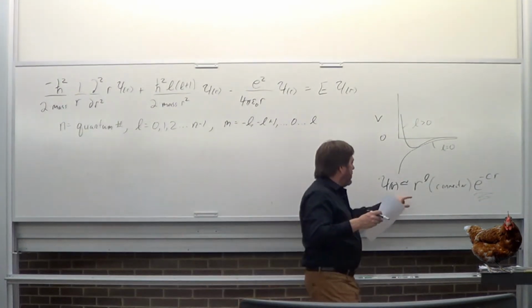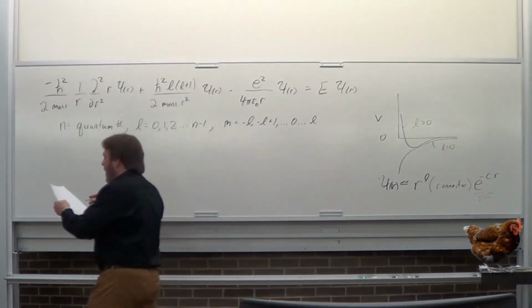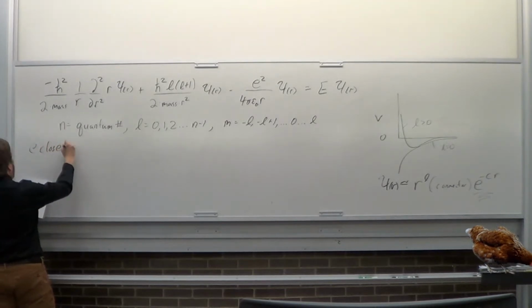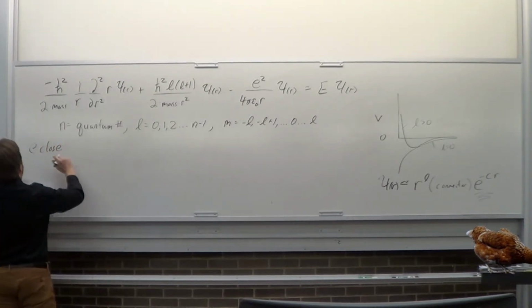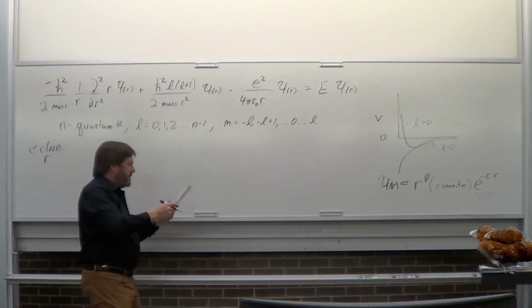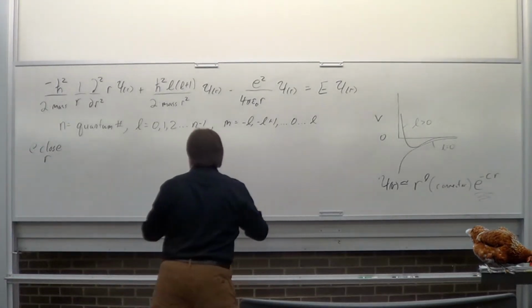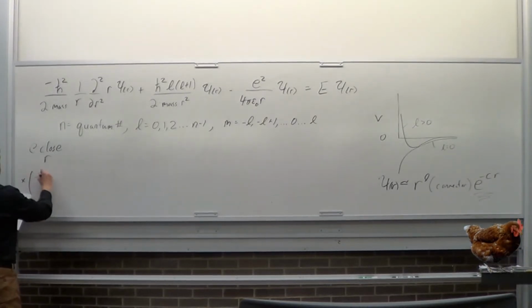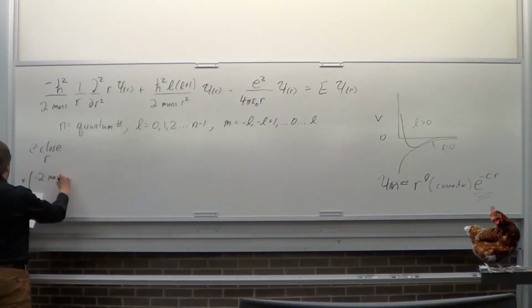As for this guy, I'll do this one in class. And the way to do this at close distances, just so you can follow along algebraically, I'm going to multiply by 2 times the mass over h bar squared times r.